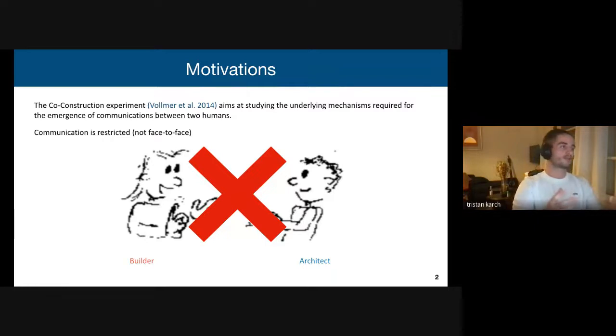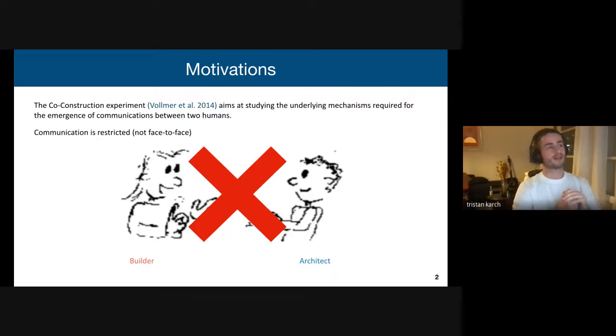The communication is restricted because this experiment aims at studying the birth, the emergence of communication. We don't want the agents to be interacting face-to-face because otherwise they will be using cognitive biases, such as smiling when something good is performed by the builder, for instance, or giving a thumbs up.